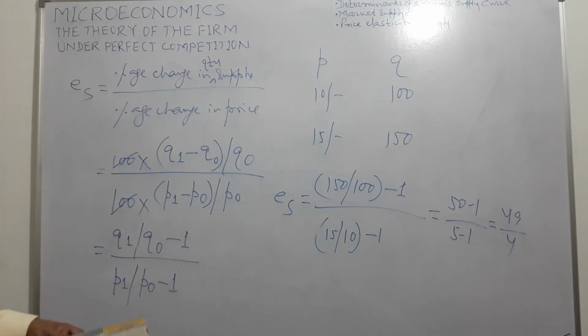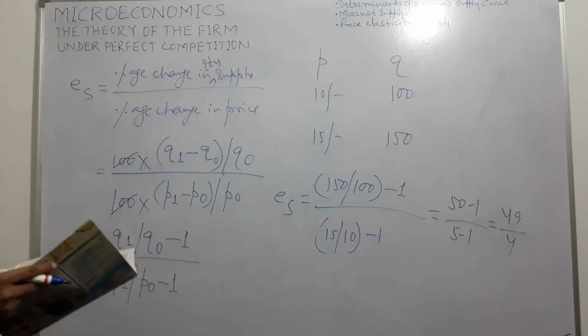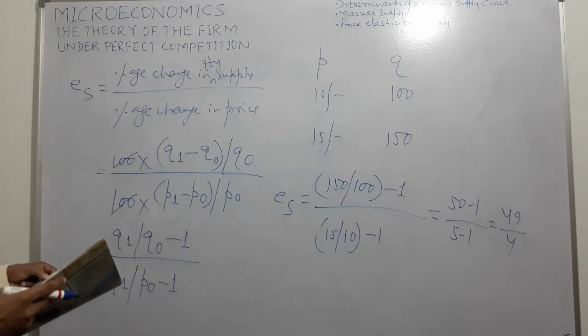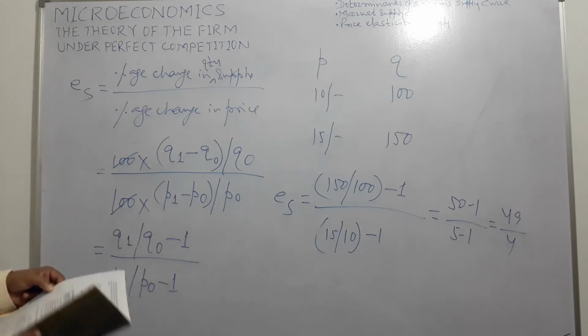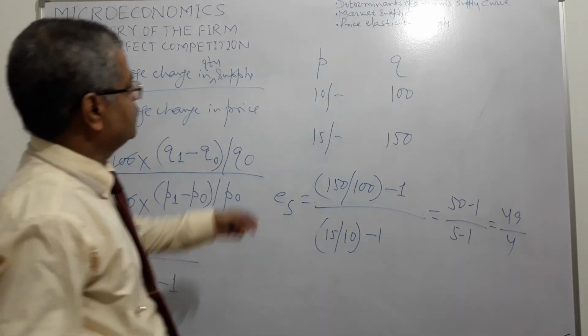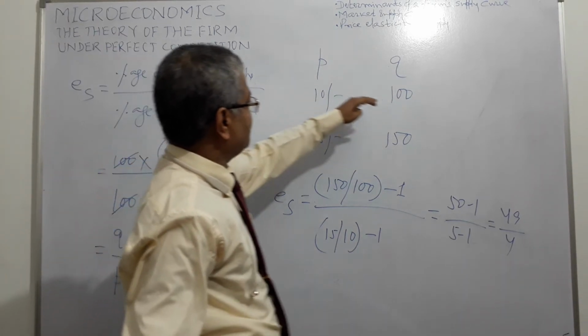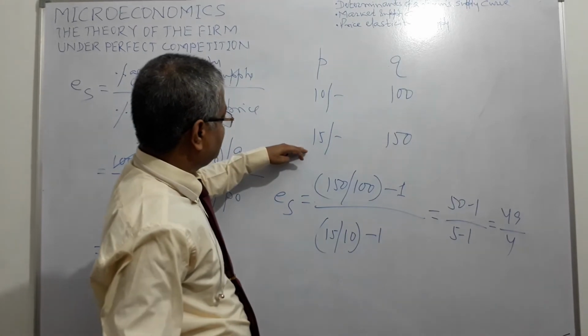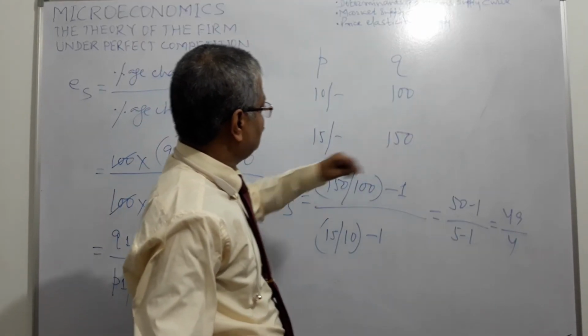What are we doing? Q1 upon Q0 minus 1, P1 upon P0 minus 1. So price was 10, quantity was 100, price became 15, quantity became 150.